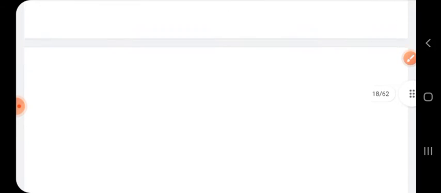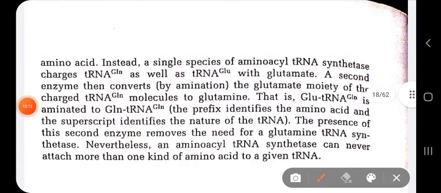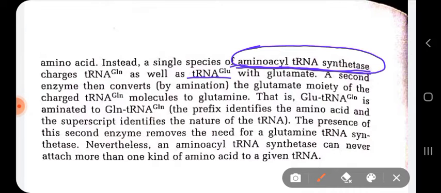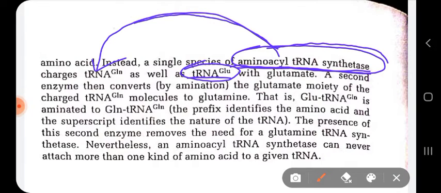Well, there is another enzyme. There is another amino acid tRNA synthetase which charges tRNA with glutamate. This amino acid tRNA synthetase, which is specific for charging tRNA with glutamate, also charges tRNA with glutamine as well. How? First, this amino acid tRNA synthetase attaches the tRNA with glutamate.